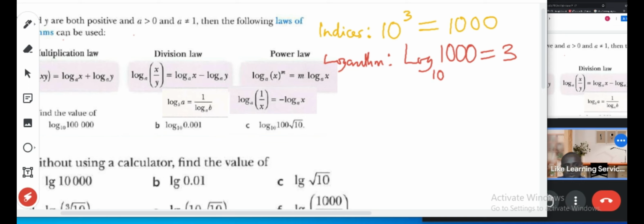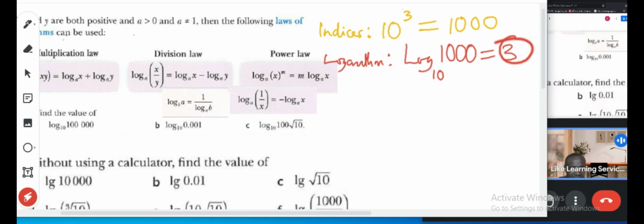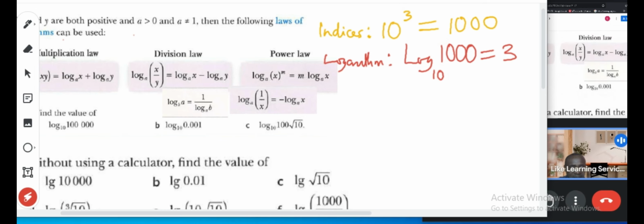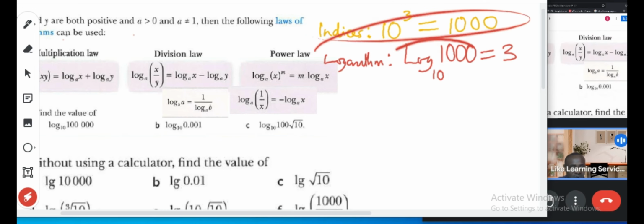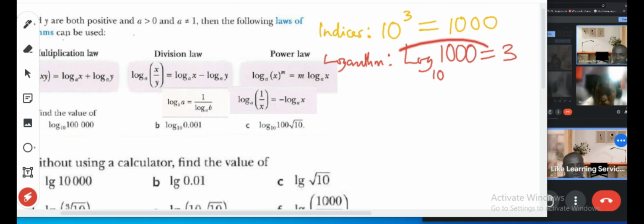Let me show you. The base for the indices is written here for the logarithm. The answer for indices is written here for logarithm. The power or the index is written here. So you can change indices to logarithm. You can also change logarithm back to indices.